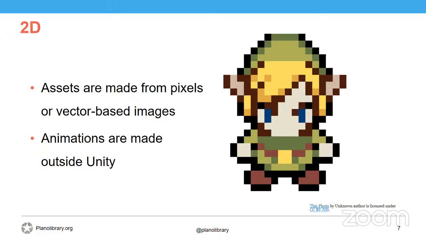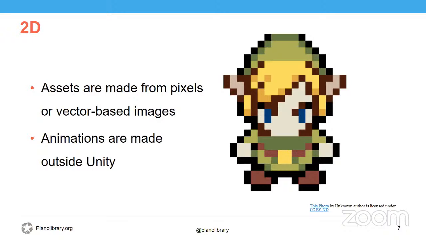But in 2D, the assets are made from pixel or vector-based images, which basically just means they're flat. They are 2D. You could draw them on a piece of paper and then scan them into the computer if you'd like. Visual assets and animations made for 2D games for Unity are almost always made outside of the Unity software itself and then imported in.